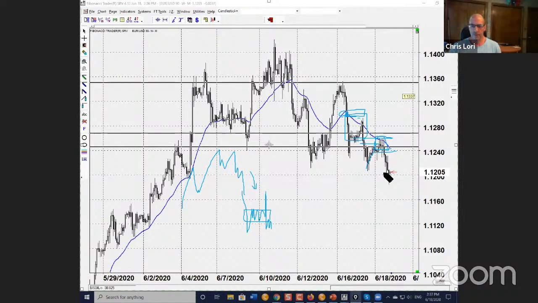Price breaks down, comes back up, retests, and now it's sitting down below the core of this area, and it's even gone deeper. So remember, deeper, deeper, deeper. So it's breaking down all of this liquidity.